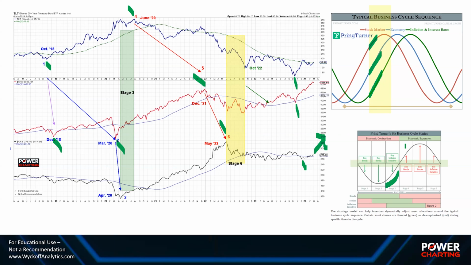Stage 4 is when the bond market peaks out. We're not saying we're at stage 4 yet. We're in 3. And 3, by the way, is one of the best stages to invest in the business cycle, because all the asset classes are in confirmed uptrends. So this is a great time to be an investor.